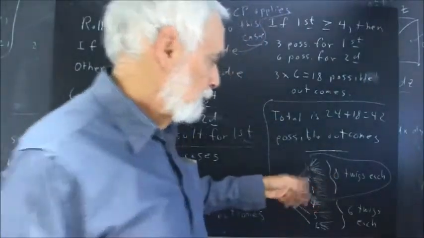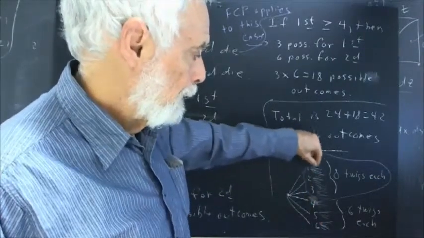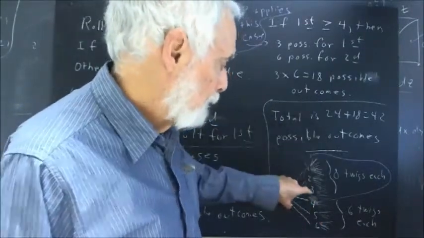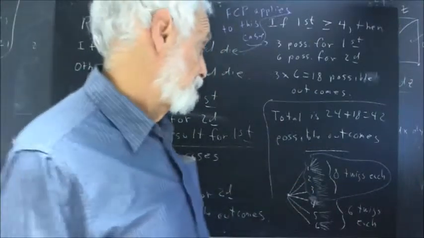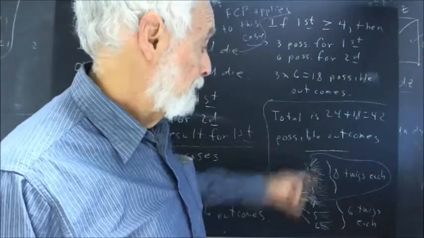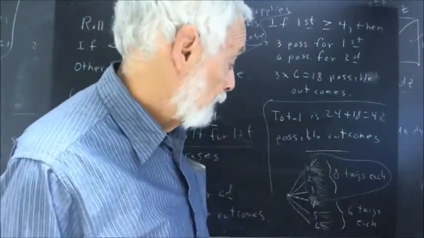I just barely had room to draw these 8 twigs for each of these branches. There will be 8 possibilities in each of these, giving us the 3 times 8, 24 possible outcomes.